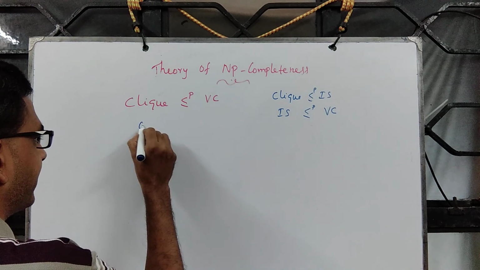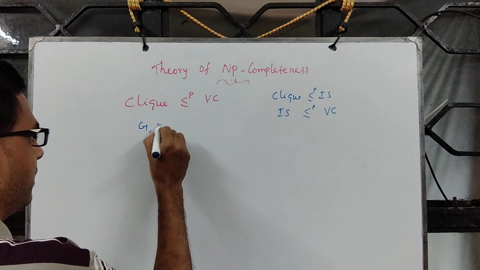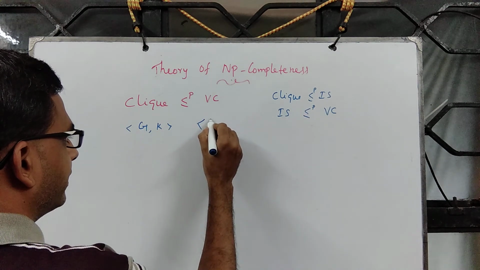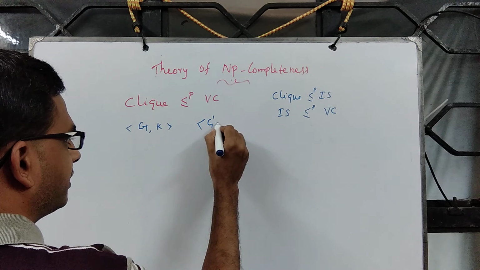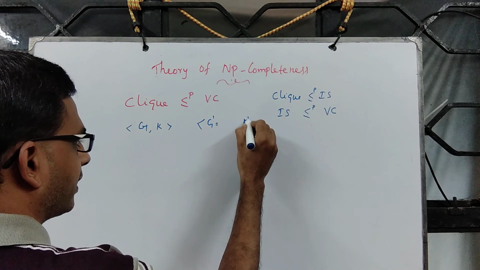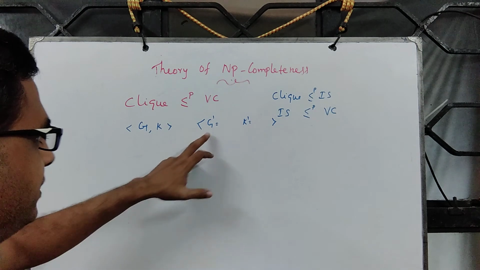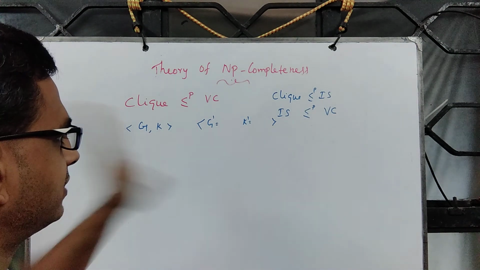So the reduction goes like this: G comma k of the clique instance is mapped to G prime and k prime on this side. Now we need to see what G prime is and what k prime is.